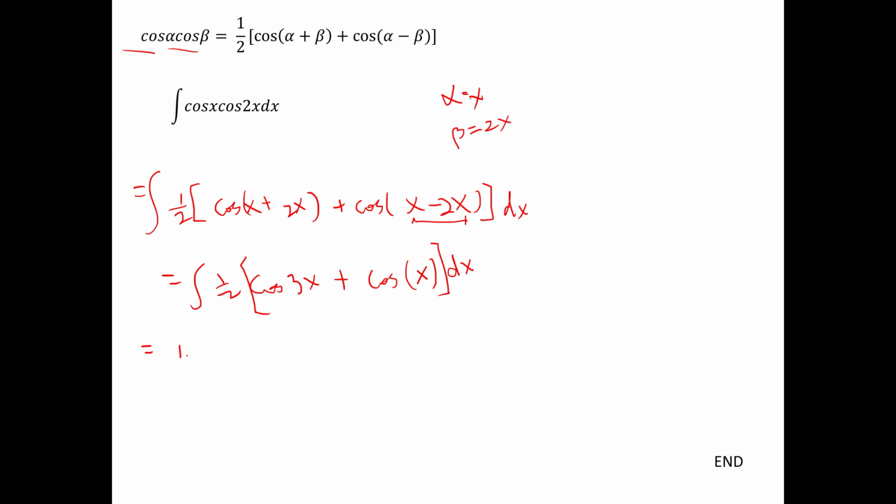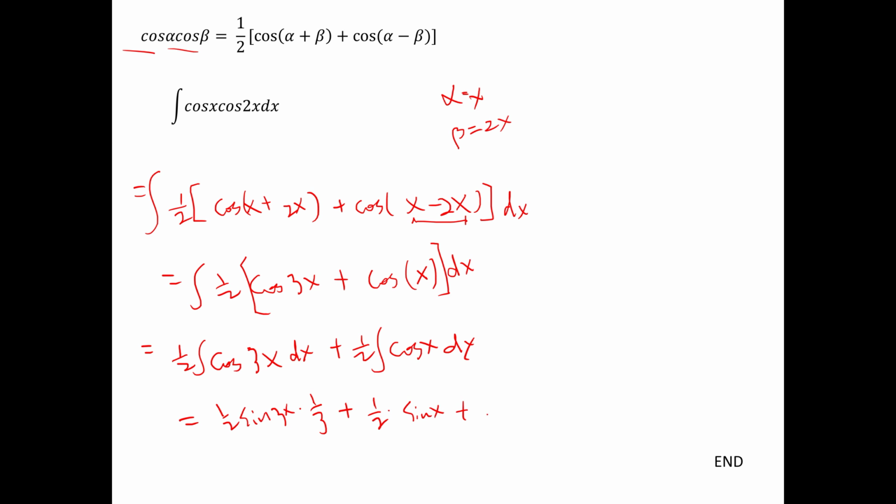Okay, separate it into 1/2 cosine 3x dx plus 1/2 cosine x dx, and then it is 1/2 sine 3x by 1/3 plus 1/2 just sine x plus c.